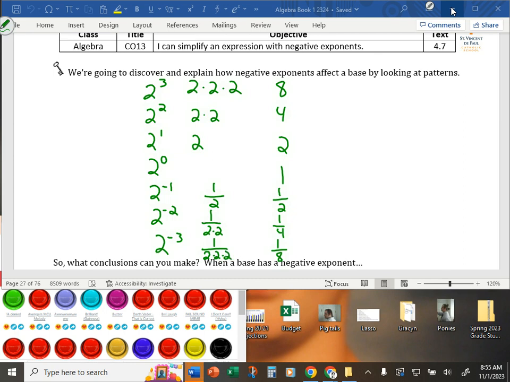So a negative exponent, the reason why it's negative is because it's in the wrong spot. If you have 2 to the negative first, it's actually equivalent to 1/2 to the positive first. 2 to the negative second, right now it's in the numerator.